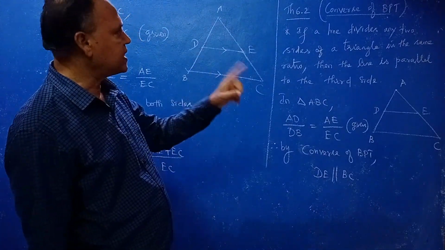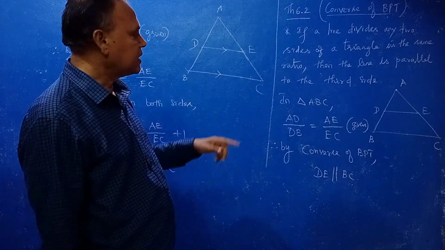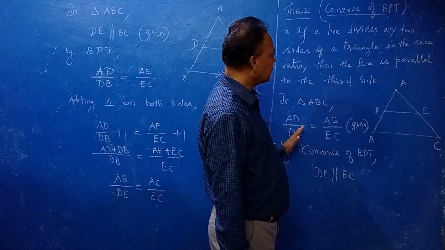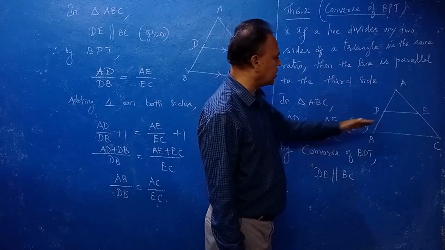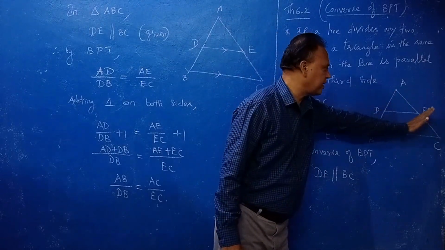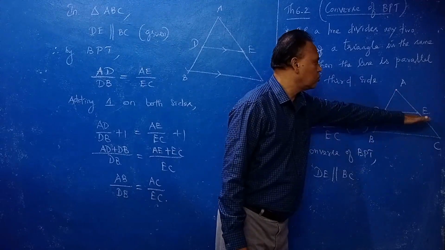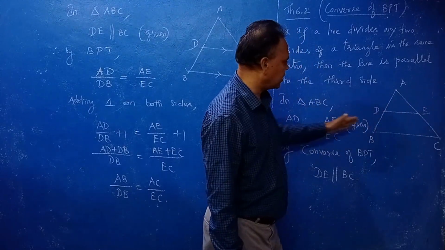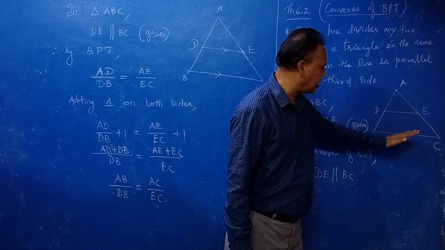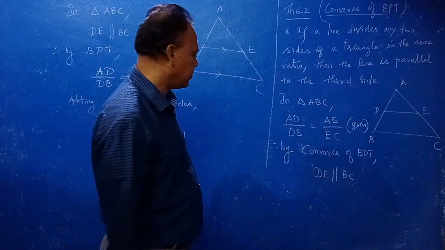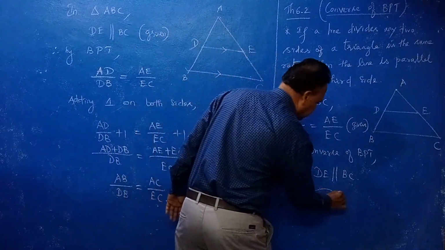If a line divides any two sides of a triangle in the same ratio, then the line is parallel to the third side. That means two sides you have already taken, and the third side is this one. So this line is dividing two sides in the same ratio, so automatically this will be parallel to the third side. So DE parallel to BC. Okay. So a very important result.